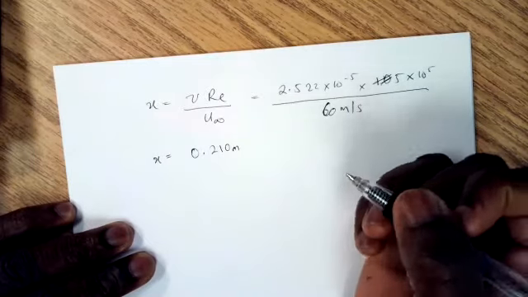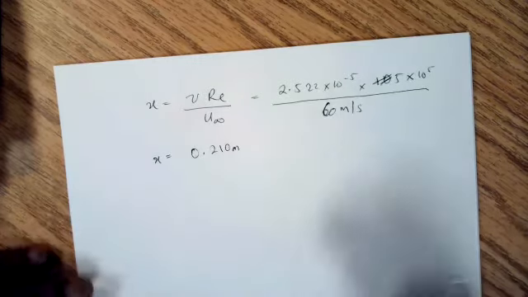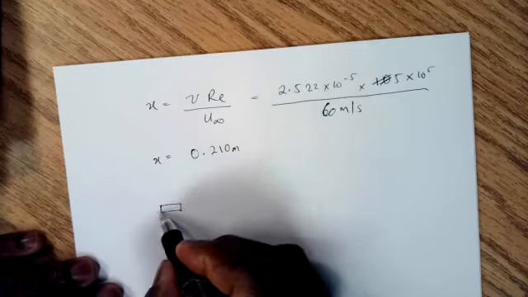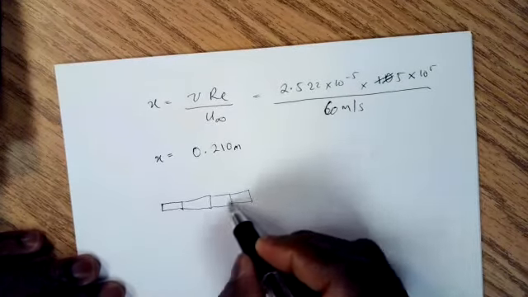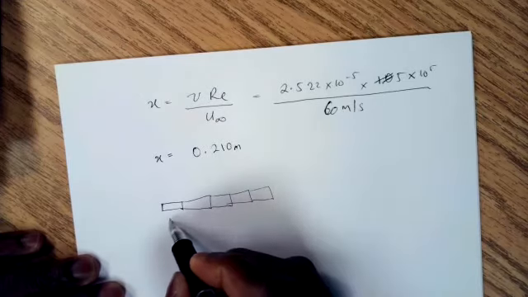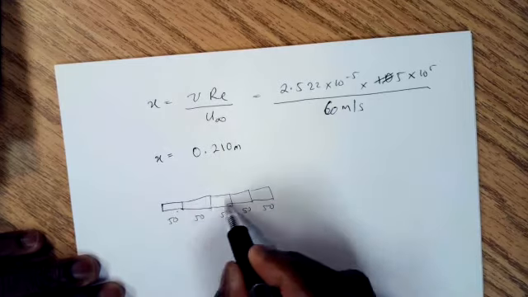Okay. So we know that the length of each heater is 50 millimeters, right? So if we stack them side by side, let's say the first one, second one, third one, and then fourth and fifth. This is 50, 50, 50, 50, 50. 1, 2, 3, 4, 5.